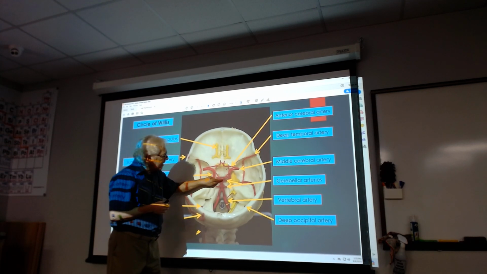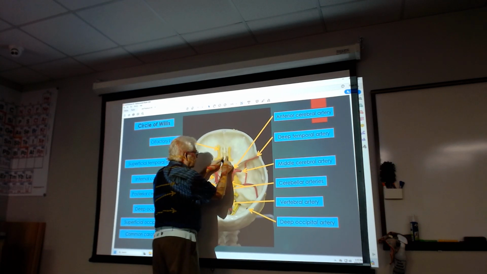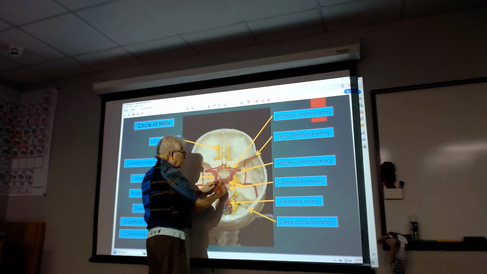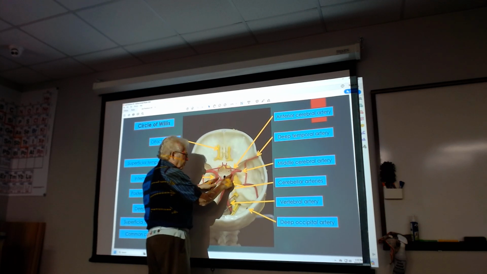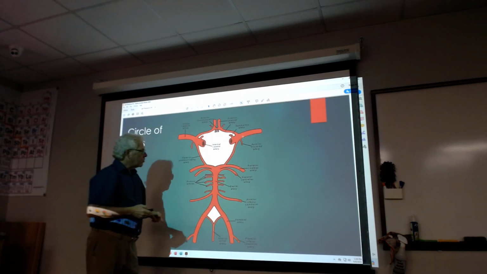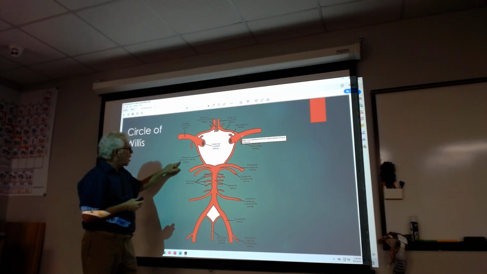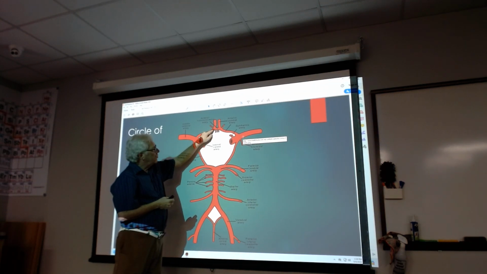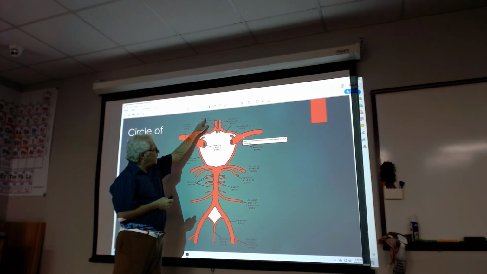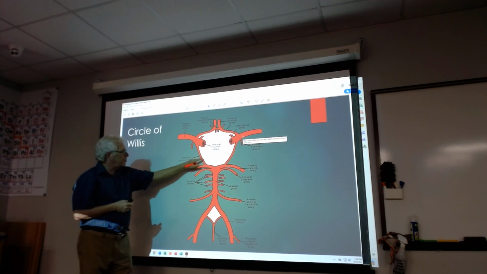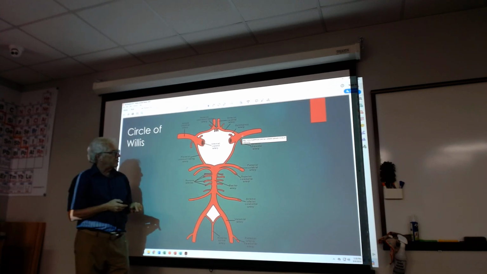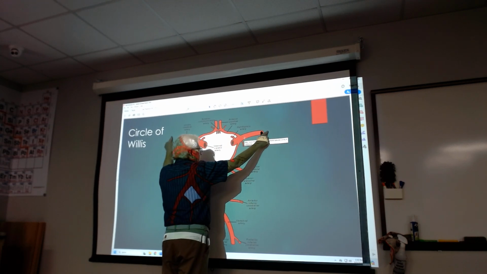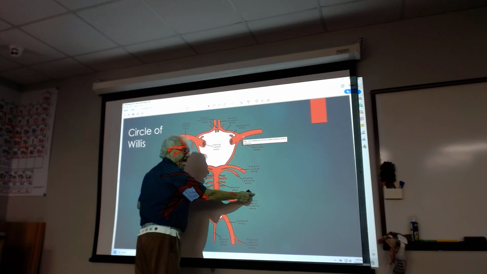Now, to make it a circle, these two have to have a connection. Okay? To make it a circle, these have to have a connection with those, and that's this. Now, what do we call these connections? Communicating arteries. Communicators. So this one branching across the front is the anterior communicating, and these two on the side and the back are the posteriors. Got it? These are going forward, these are going to the side, and these are going back.